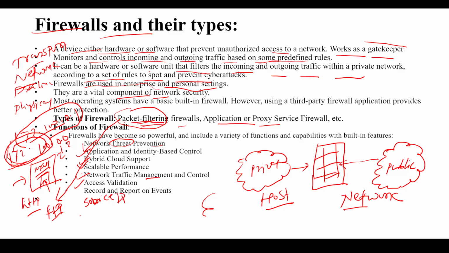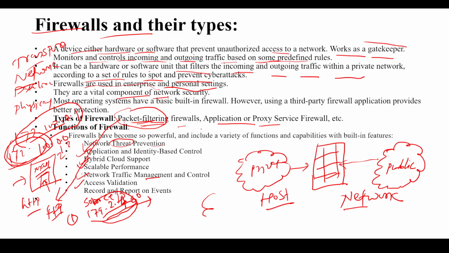Let's consider one IP, 179.2.4.80. If packets or data are coming from this IP address, packet filtering firewalls block such traffic, no matter what the source port is and no matter what the destination IP address is. If packets or data are coming from this IP, they can be blocked by the packet filtering.